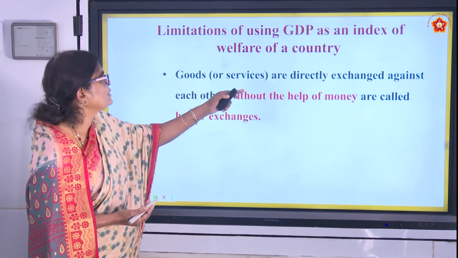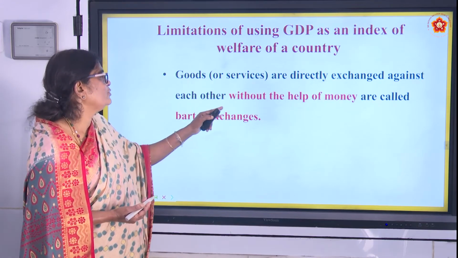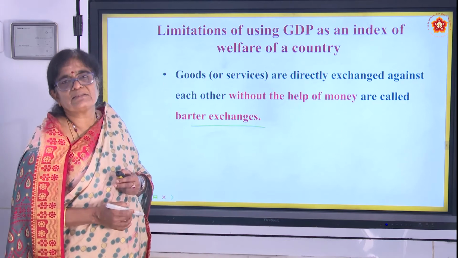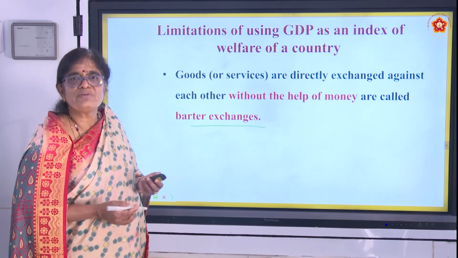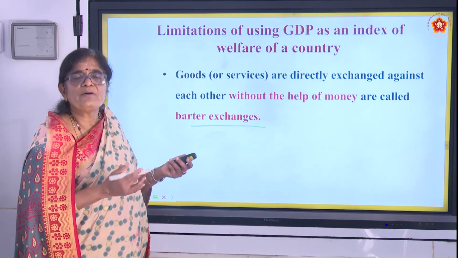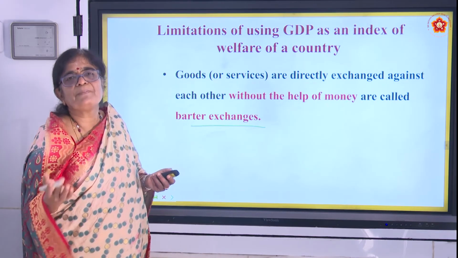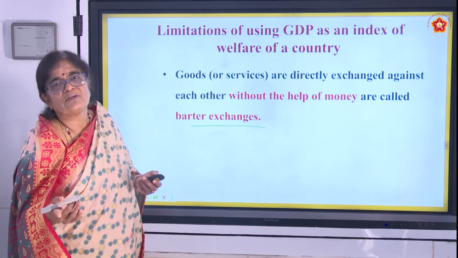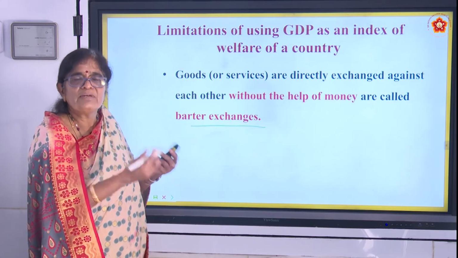And goods or services directly exchanged against each other without the help of money are called barter exchanges. In underdeveloped or developing countries, mostly very backward areas, the people who have milk will supply milk to the farmer who has rice. Therefore, milk is exchanged for rice, or milk is exchanged for some vegetables.